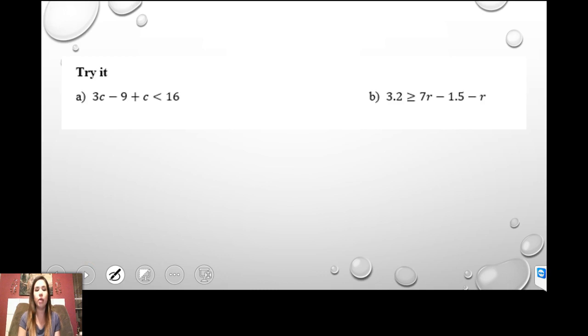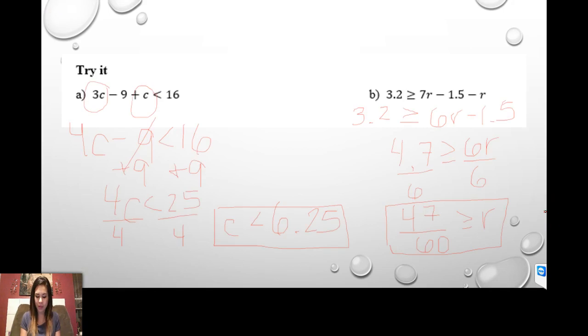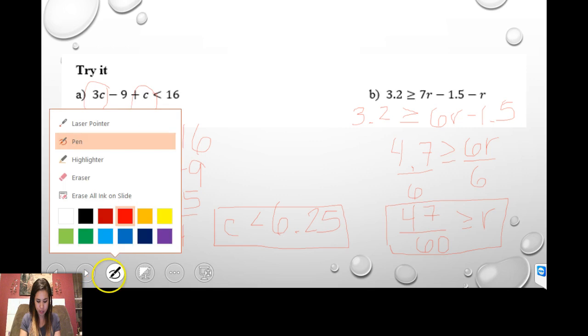Now I want you to pause the video, try example A and B, and then see if you can get it. Okay, so hopefully you were able to solve both of these. For part A, we should have gotten c is less than 6.25. The way we did that is first we combined 3c plus c, which gave us the 4c.